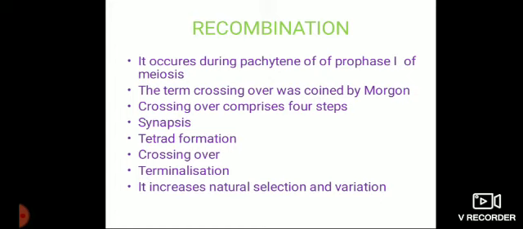Then types of the chromosome: telocentric, acrocentric, submetacentric and metacentric. You have to remember the shapes like I, J, L, V. Then write a note on recombination, what is crossing over, and write the difference between the X chromosome and Y chromosome. Thank you.